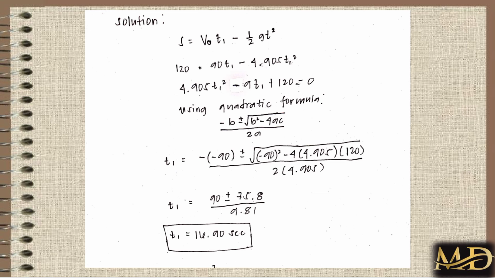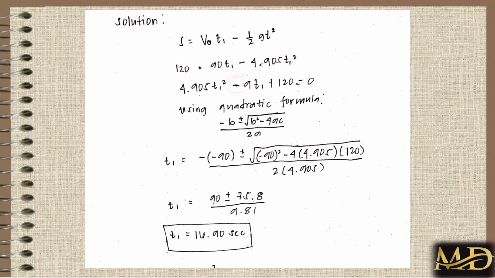So using the quadratic formula, negative B plus or minus the square root of B squared minus 4AC all over 2A. So T1 is equal to negative quantity negative 90 plus or minus the square root of negative 90 squared minus 4 times 4.905 times 120, all over 2 times 4.905.